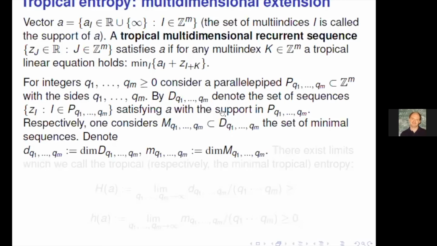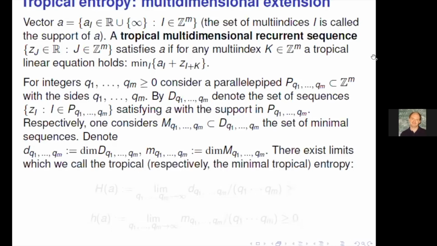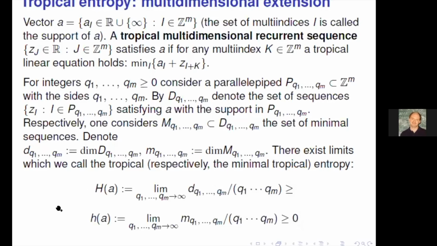Again, D capital would be a tropical prevariety. It satisfies some linear inequalities, so it's a finite union of polyhedra. Similarly for M: m small is the dimension of M capital, which is also a tropical prevariety. And again, we can say that the following limits do exist.